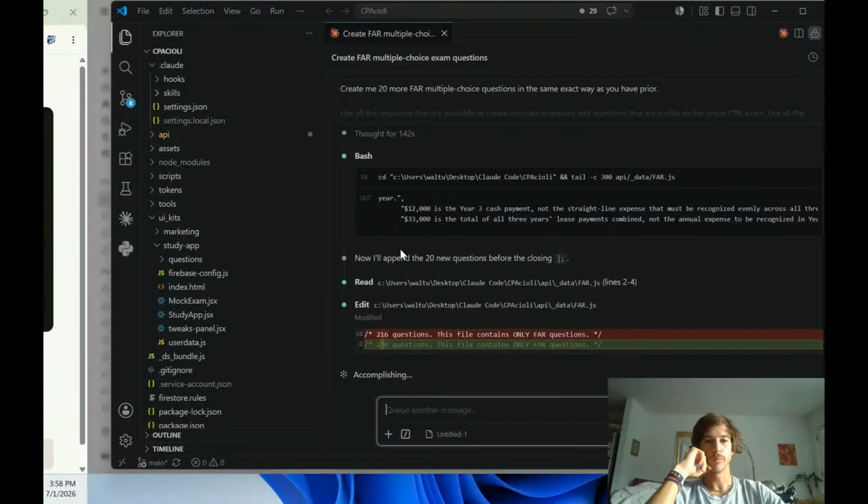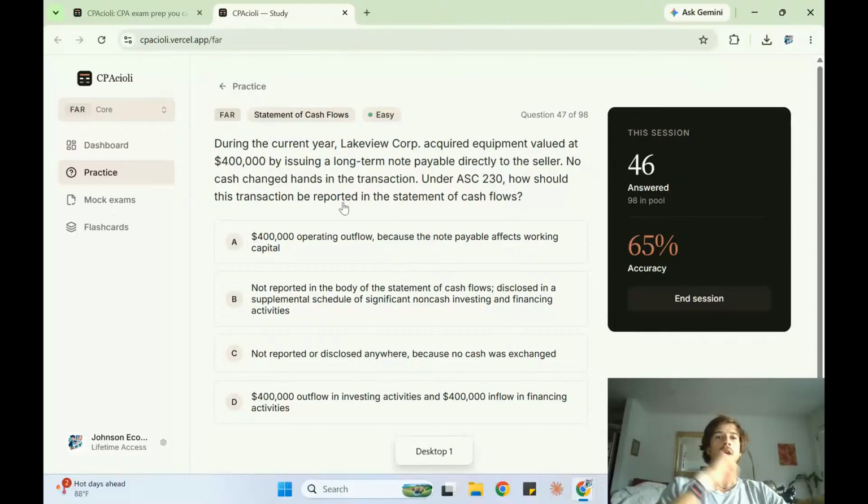All right, four more. Okay, Vucor acquired equipment valued at 400 grand by issuing long-term notes payable directly to the seller. No cash changes hands. If no cash changes hands, it should be disclosed in a supplemental schedule.